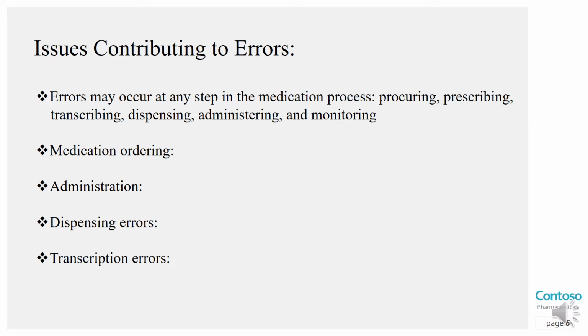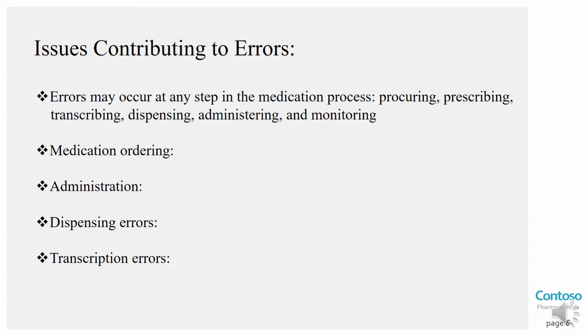Now let's talk about some issues that may contribute to errors. Medication errors can occur at any step in the medication process. This includes procuring, prescribing, transcribing, dispensing, administering, and monitoring of medications.